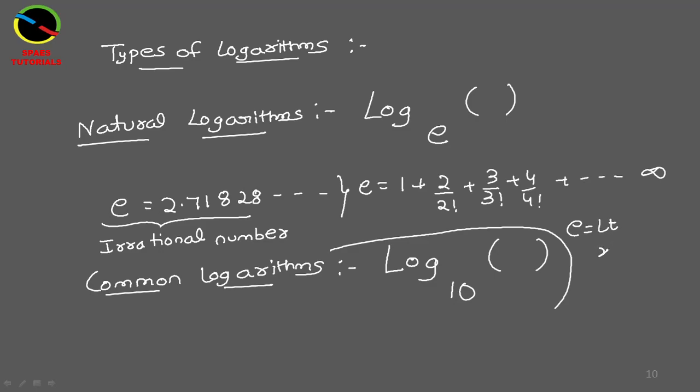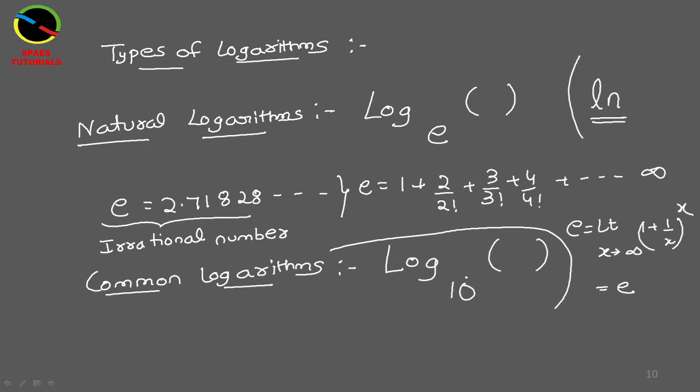You can learn in the limits chapter, the limit as x extends to infinity of (1 plus 1 by x) power x. The answer is going to become e. For this you will learn in the limits chapter, no worry about that. Just remember it is nothing but 2.71828 and it's a very famous natural logarithm. In the calculator you can find this under the name ln. That means the calculator will take the base as e by default.